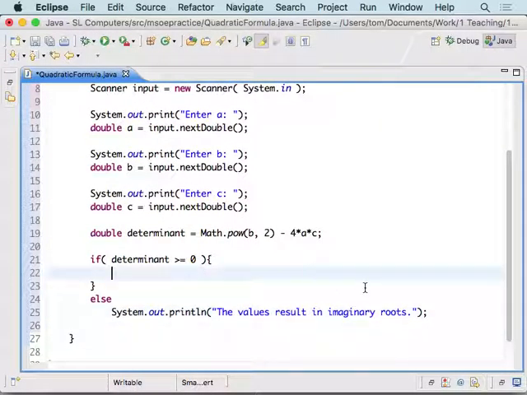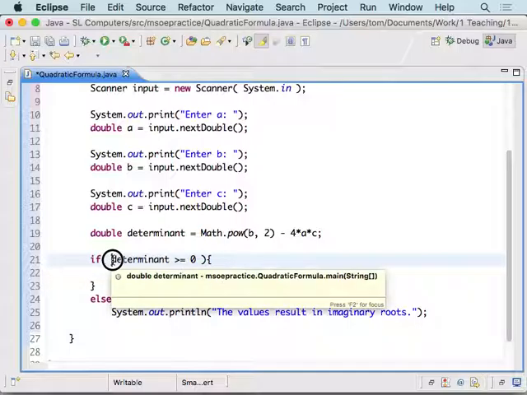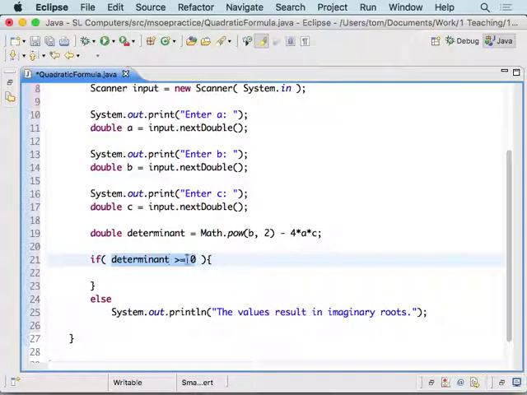Okay, so I'm kind of assuming that you understand some of that math, and if you don't, then I'll spend some time talking about it a little bit later here. But for right now, we're just saying if the determinant is not greater than or equal to 0, that means it must be negative, and then the values result in imaginary roots in that case. Okay? If they don't result in imaginary results, then we can go ahead and use the determinant to determine what those roots are.